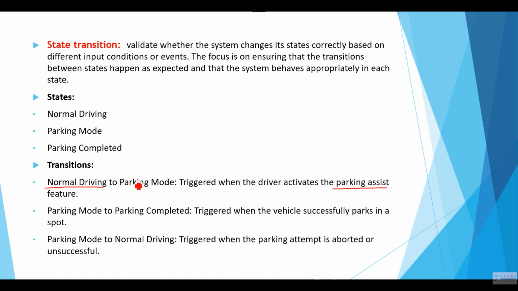Now, without parking your car successfully, you deactivate the parking assist feature, which means you have aborted the parking. Now you should not be in parking mode; you should go back to normal driving mode. You need to check whether these three transitions are happening successfully or not.